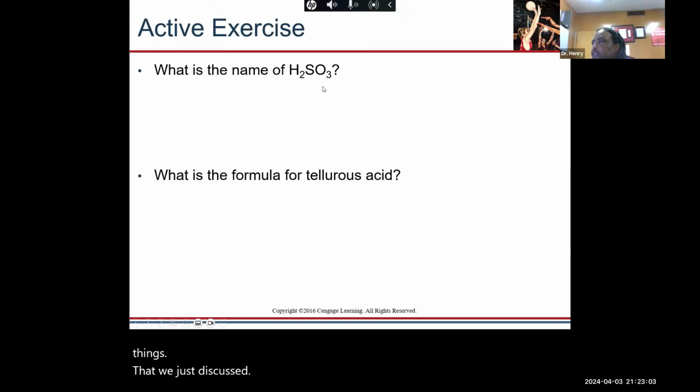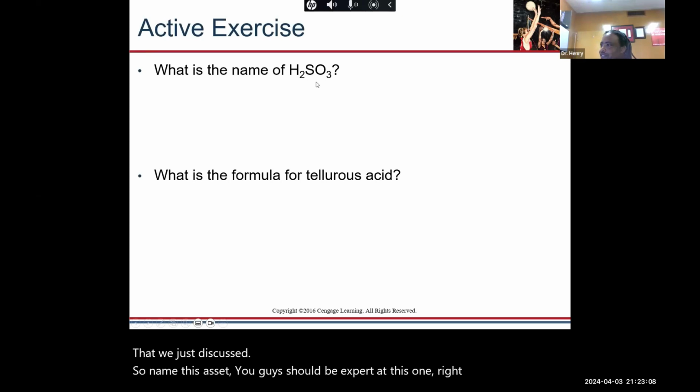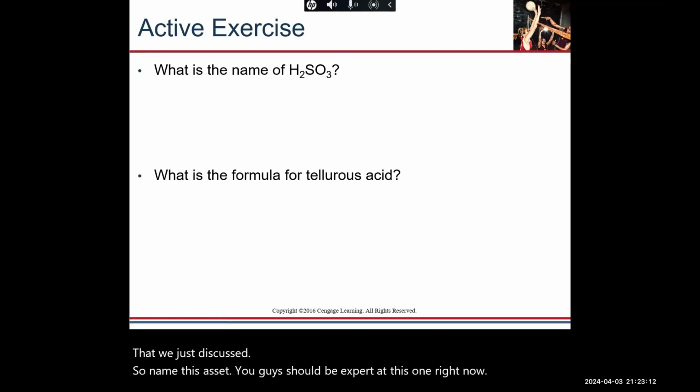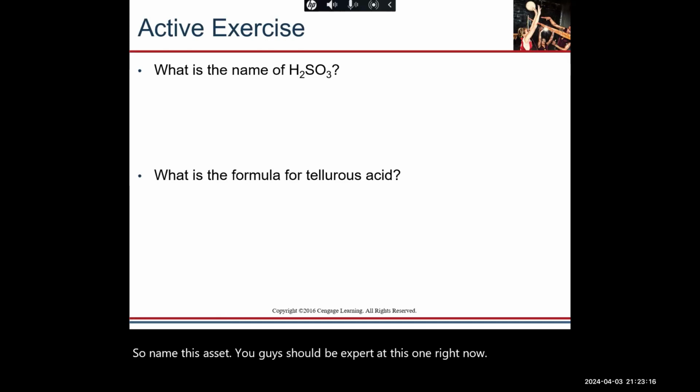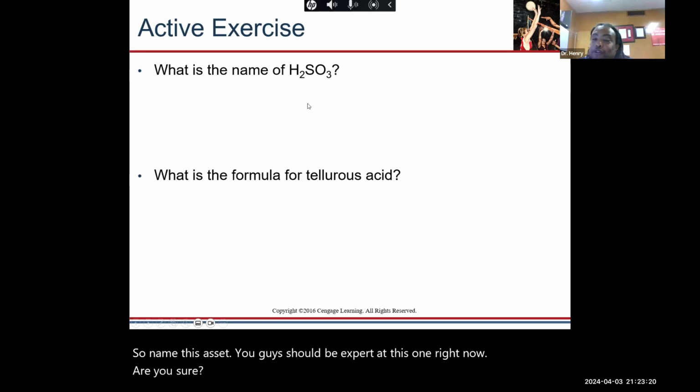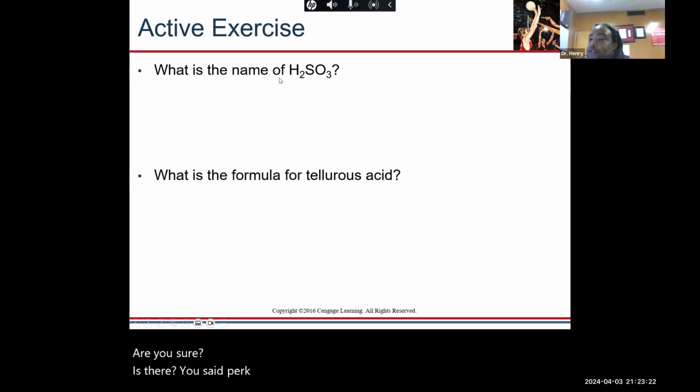Name this acid. You should be experts at this one. Perchloric acid? Are you sure? Is there a chlorine in there anywhere?